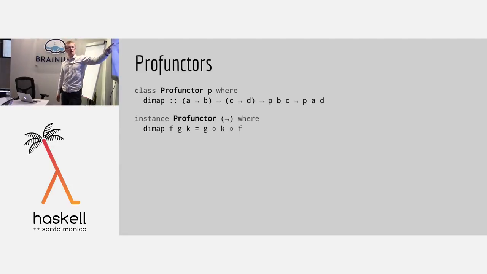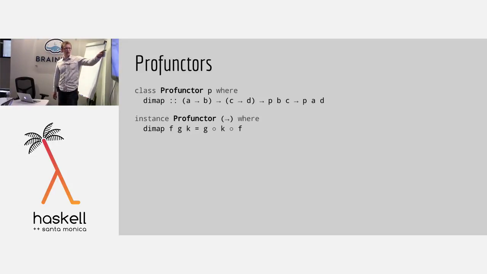So that's reversing this arrow. And I can map covariantly in my second argument, so I can take a c to a d, and that's what I have in this argument. Okay. So this is saying, if I give you this function that can handle all the negative occurrences, and I give you this other function that can handle all the positive occurrences, then you can map over the b, which is your negative stuff, and the c, which is your positive stuff. Does that make sense?